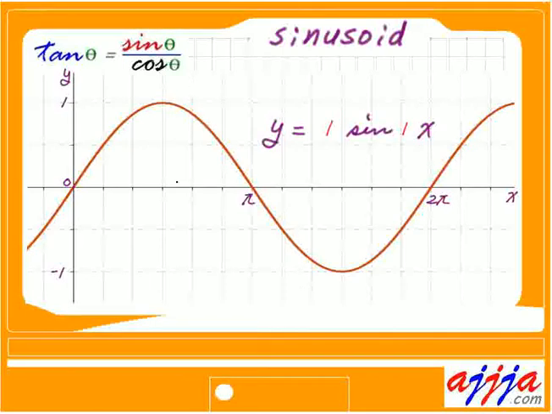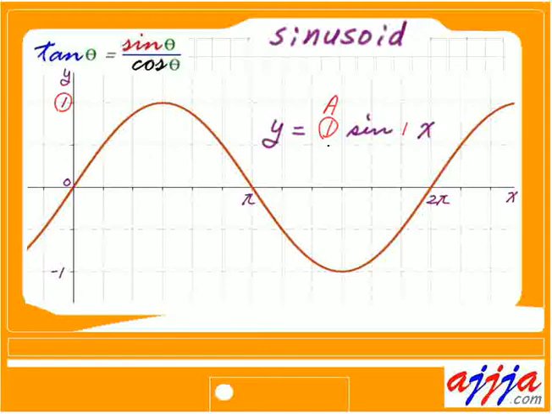Now, how about this one? On the left-hand side, that's 1, right? So 1 right there. This one tells you how high and how low the wave goes, so we call it amplitude.